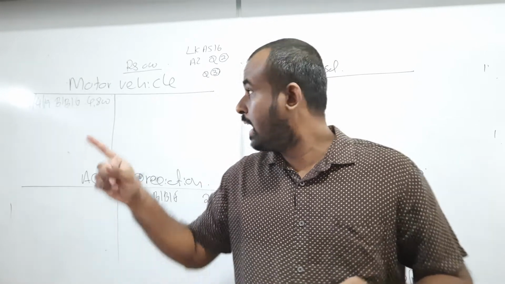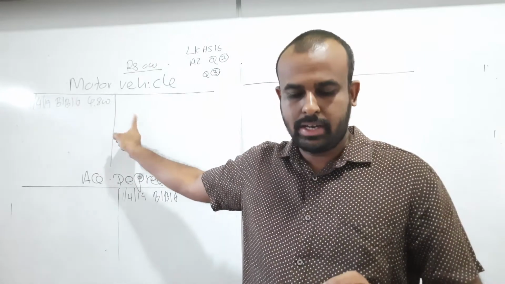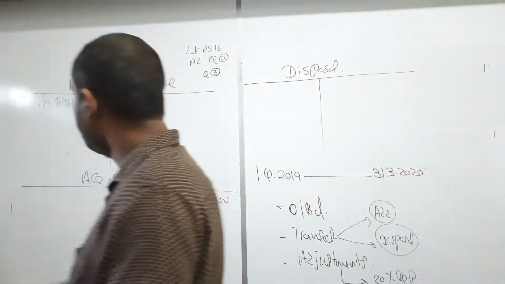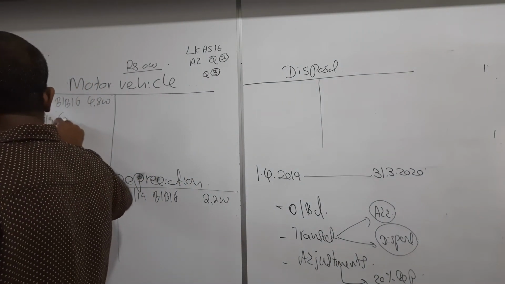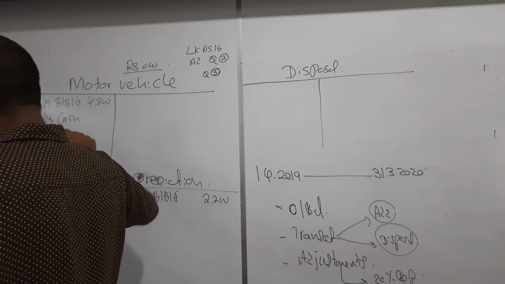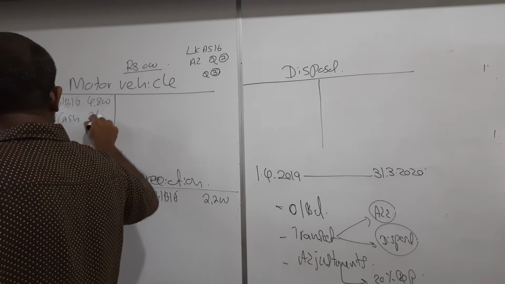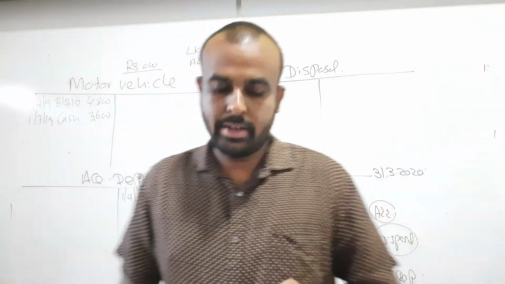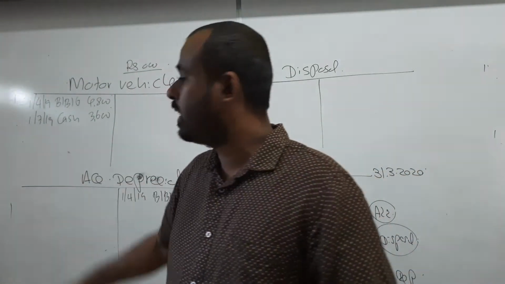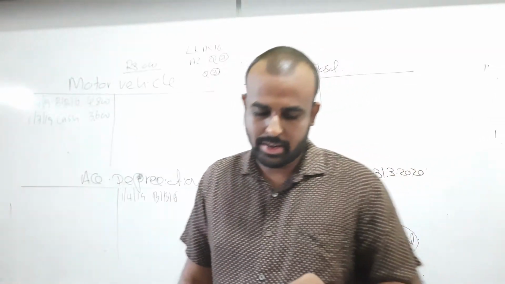Cash account credit and the motor vehicle account debit. On 1st July 2019, credit the cash book and debit the motor vehicle account rupees 3,600,000, purchase of motor vehicle.